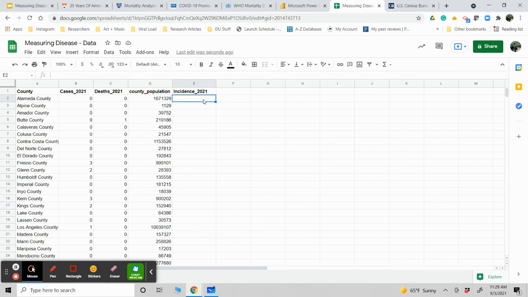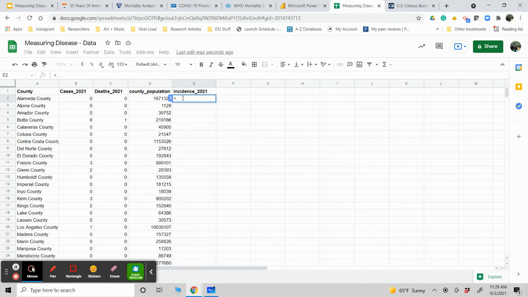So let's add that equation here. You can put the equal sign, and this can be done in Google Sheets. It can be done in Excel. And this is a pretty easy way of using this formula to find this data point.